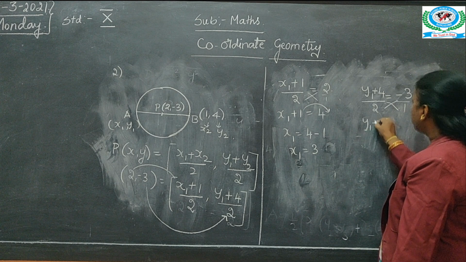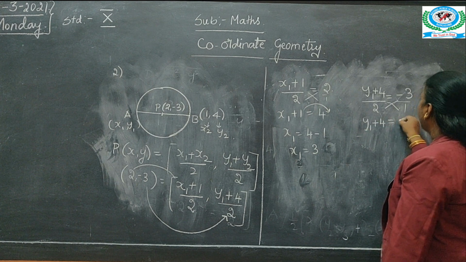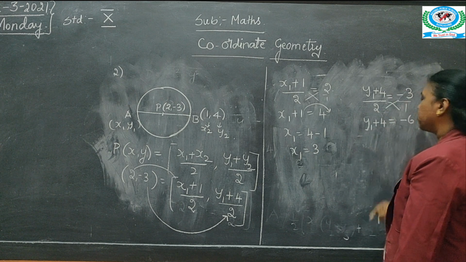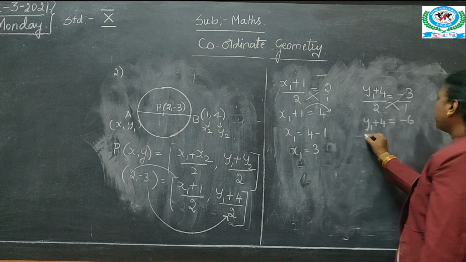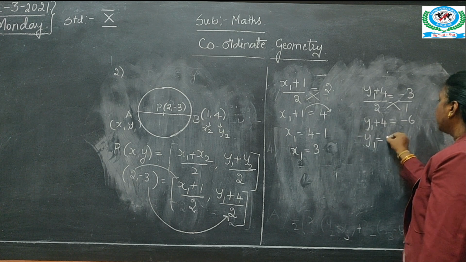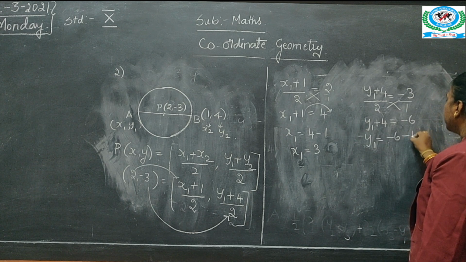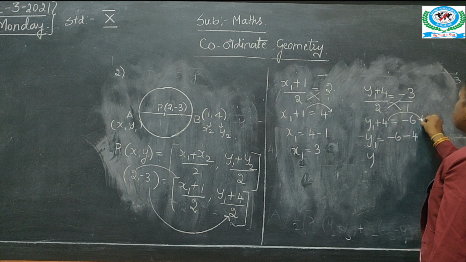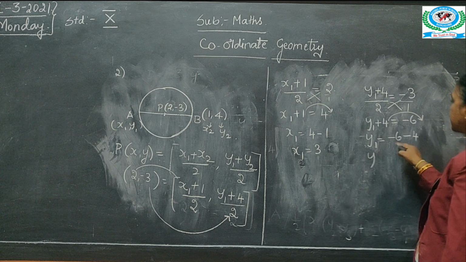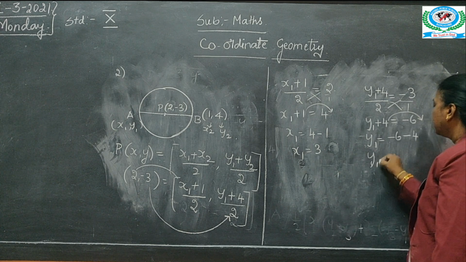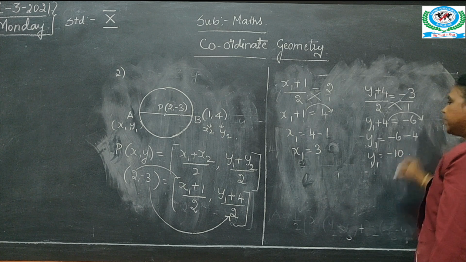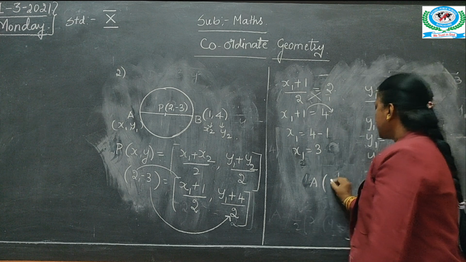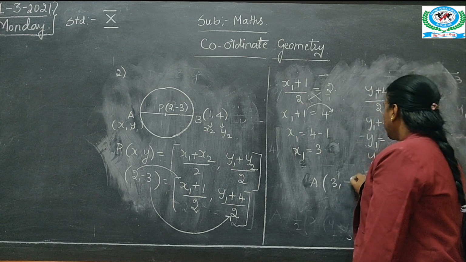So y1 plus 4 is equal to minus 3 twos are 6, and plus into minus is minus, so minus 6. y1 will be equal to minus 6 minus 4, since the plus 4 becomes minus 4 when transferred to that side. So minus 6 and minus 4 will give me minus 10. So what is the point A? The point A is (3, minus 10).